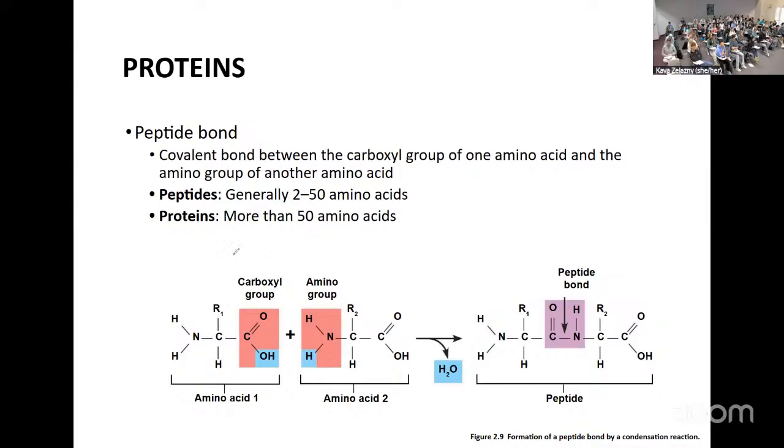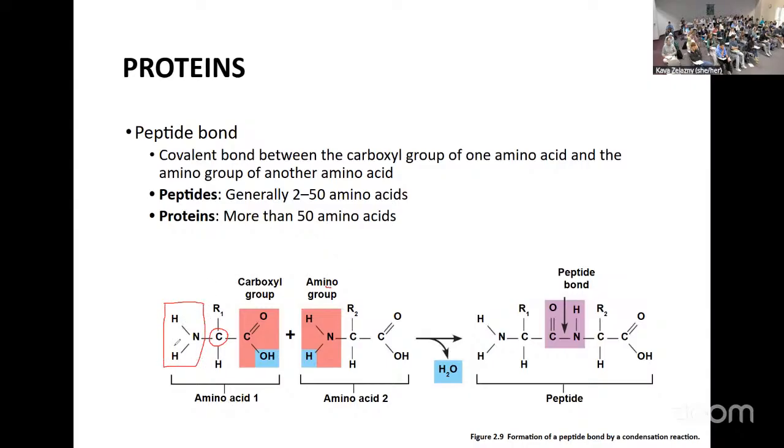Regardless of which amino acid we're thinking about, it's going to have a central carbon, the alpha carbon. We're going to have an amino group on one side. Think about the N in amino, because an amino group has a nitrogen.